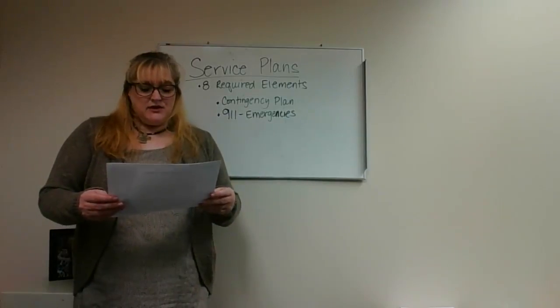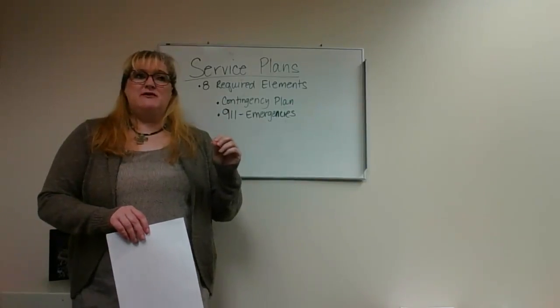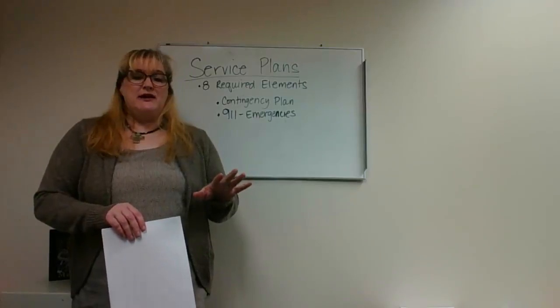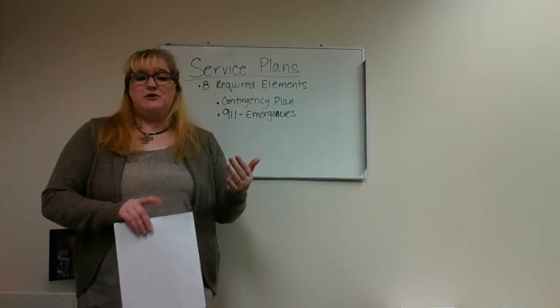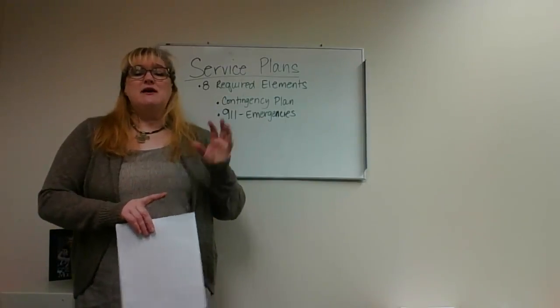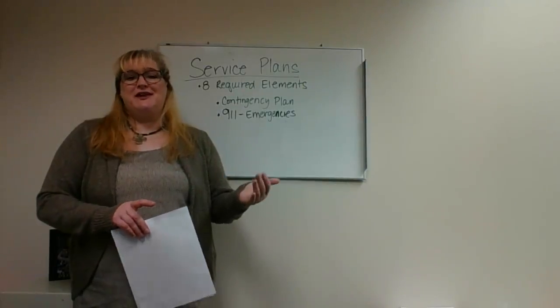The other thing you want to make sure of is that you put your contact information on that service plan, so that if something comes up and the client and or their family needs to call you and cancel services or ask a question when they're out on pass, they can easily get a hold of you and get their questions answered.